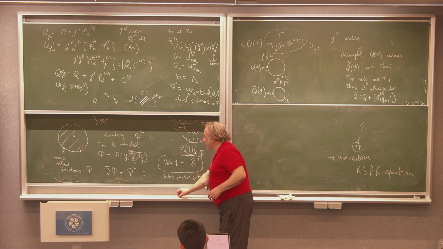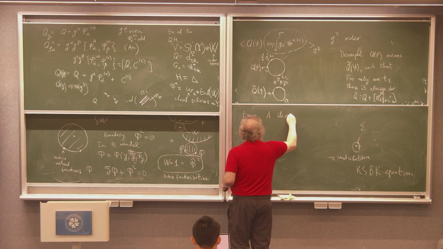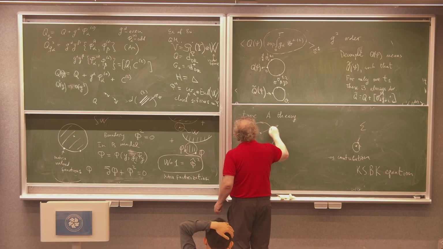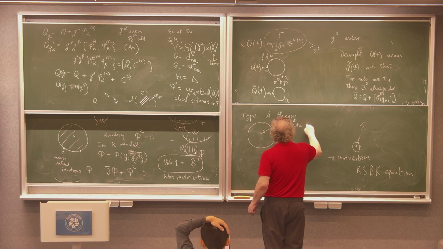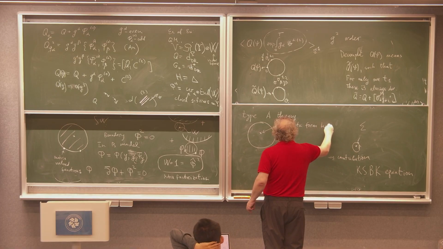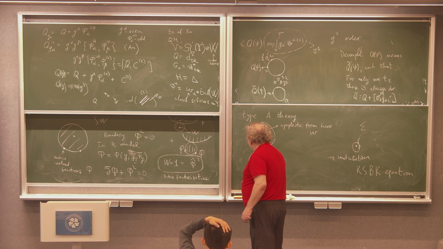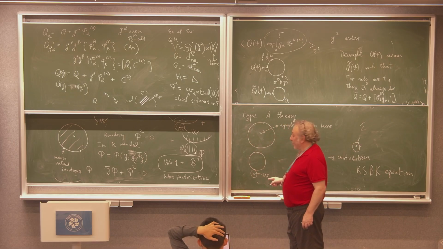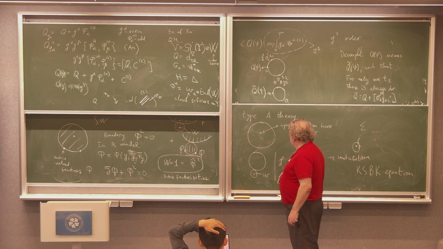If I consider type A, and that includes the symplectic form here, then the easiest way to form boundary conditions is just to say that the symplectic form on the boundary vanishes. It's called Lagrangian boundary condition.